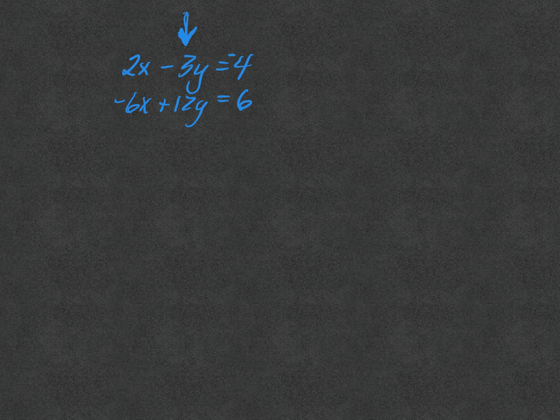So what we're going to do is multiply this equation by 4. Now, why do I multiply by 4? Because 4 times negative 3 is negative 12. And then that will add with positive 12 to give 0. In other words, it will eliminate the y variables.